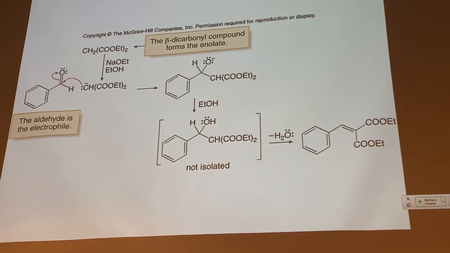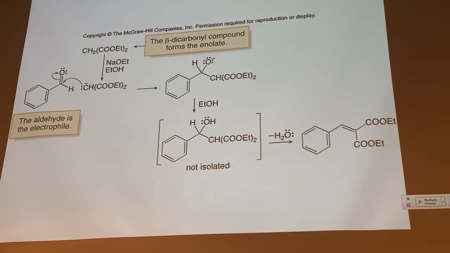It'll be stronger by several orders of magnitude, about 5 orders of magnitude stronger of an acid. Okay? So when we use a 1,3-dicarbonyl compound with sodium ethoxide, we can generate essentially 100% of an enolate from the 1,3-dicarbonyl. So there's no base left over to make the enolate of our other component, even if it does have alpha hydrogens.